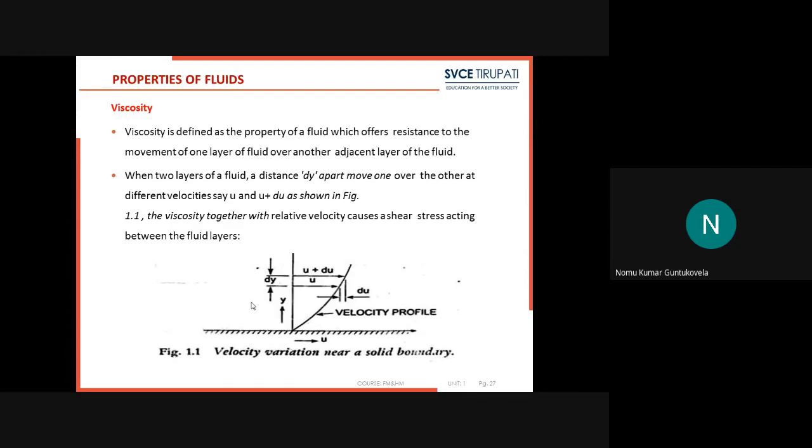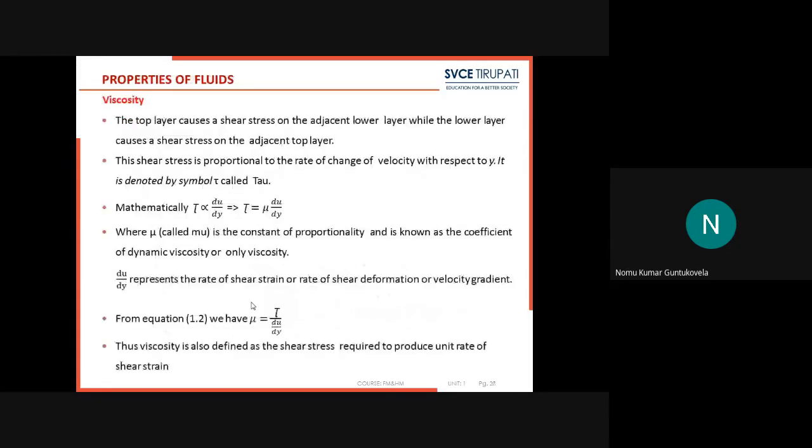Here we have tau equals mu into du by dy. Mu is the viscosity, and du and dy are the change of velocity with respect to the change of distance.